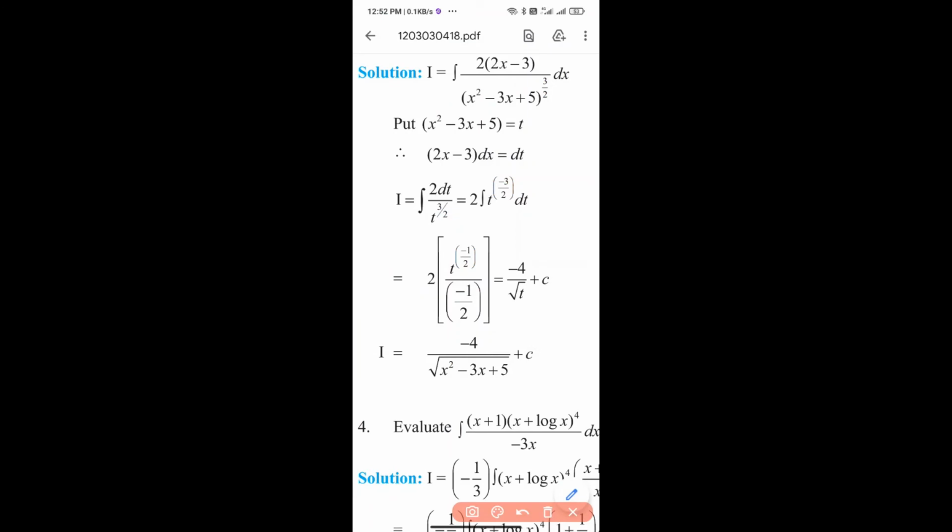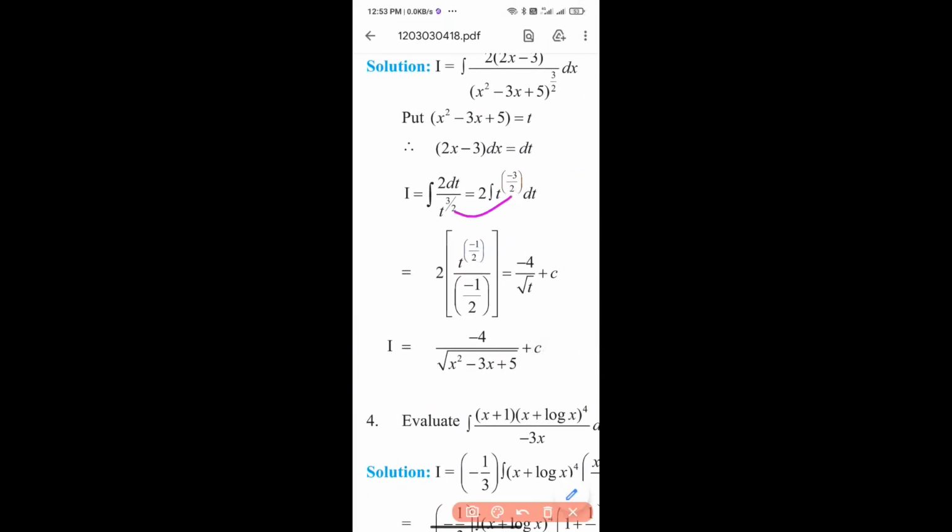So I'll explain again. So in the place of x square minus 3x plus 5 they have put t. In the place of 2x minus 3 dx they have put dt, and 2 remained as it is from here.